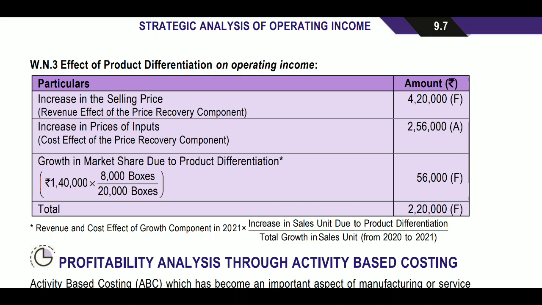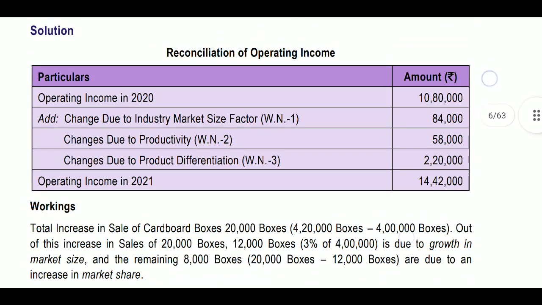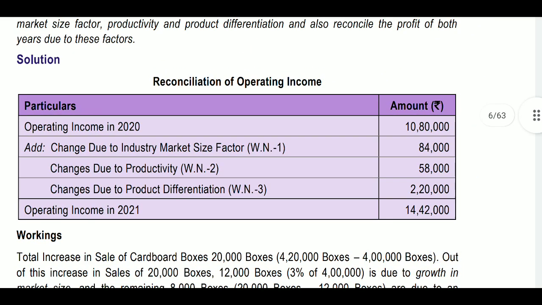Total amount was 2 lakh 20,000, so we will take 2 lakh 20 here. So the amount will be 14 lakh 42,000: 10 lakh 80,000 plus 84,000 plus 58,000 plus 2 lakh 20,000 is 14 lakh 42,000.